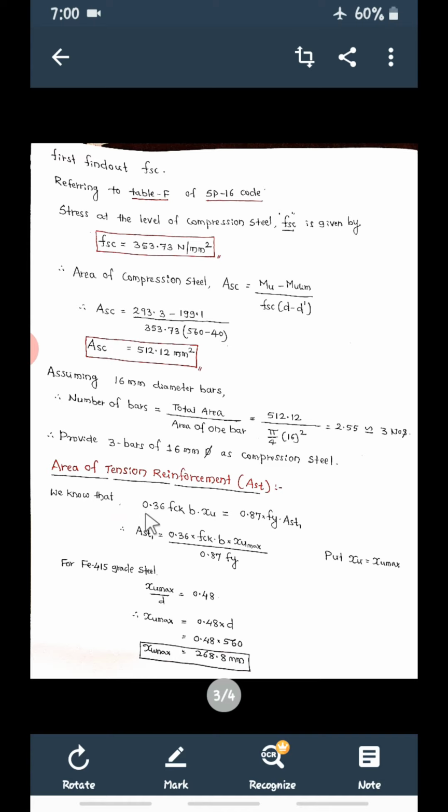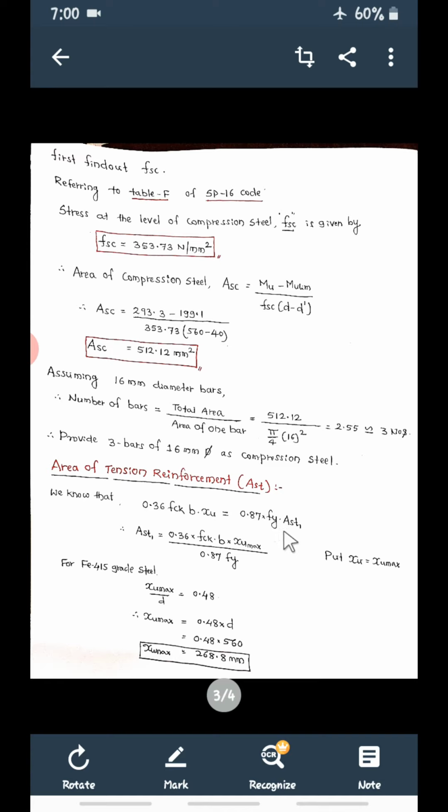We know that total compressive force is equal to total tensile force for the singly reinforced beam, that is 0.36 FCK B into XU, that is equal to 0.87 FY AST1. 0.36 FCK is the stress, into area B into XU. Singly reinforced first, AST1. 0.87 FY is the stress, and AST1 is the area of tension steel at the bottom for the singly reinforced beam. So C1 is equal to T1.